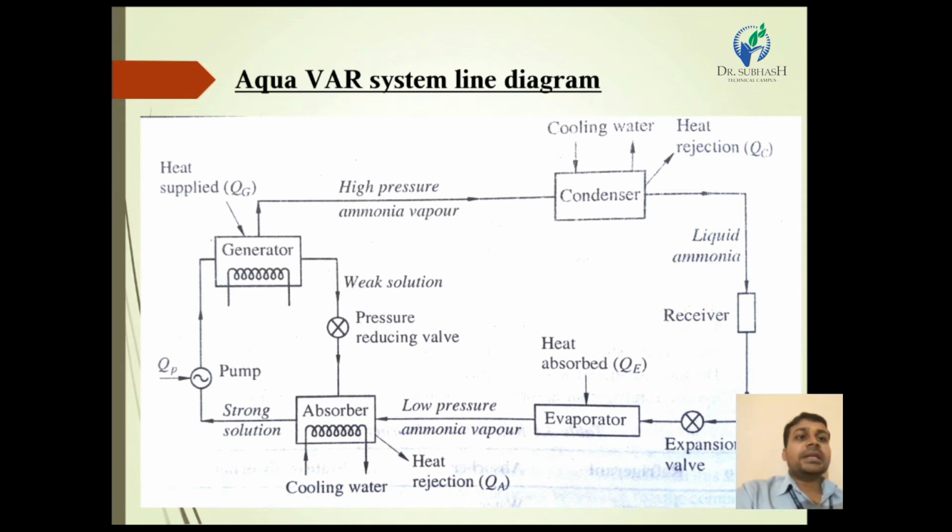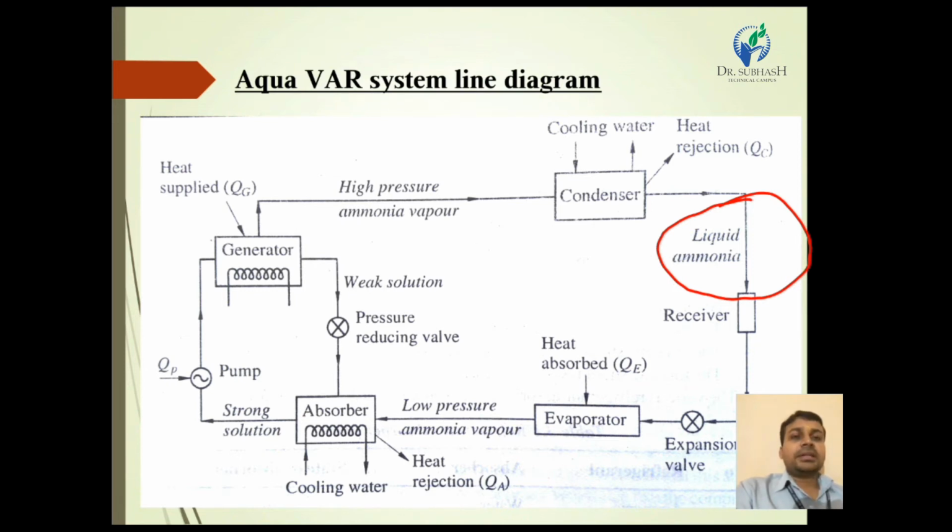Then the liquid ammonia passes through the receiver. The function of the receiver is to collect all the liquid ammonia NH3 and pass only liquid refrigerant to the expansion valve. Some NH3 vapor may be available in the receiver, but it is not passed to the expansion valve.